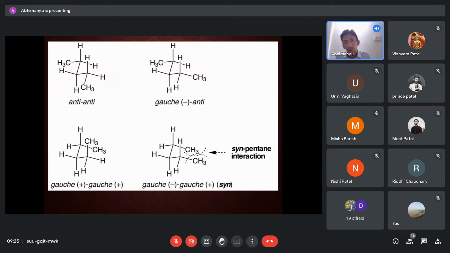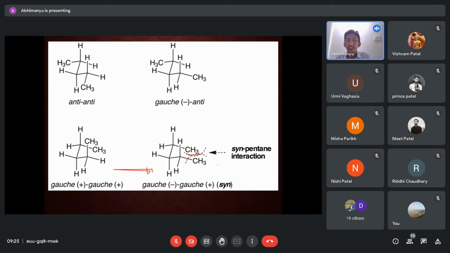All are possible. When you give energy, one can convert into another. But in example number 4, it is known as the syn-pentane interaction.